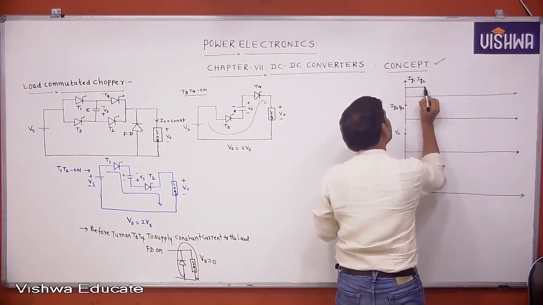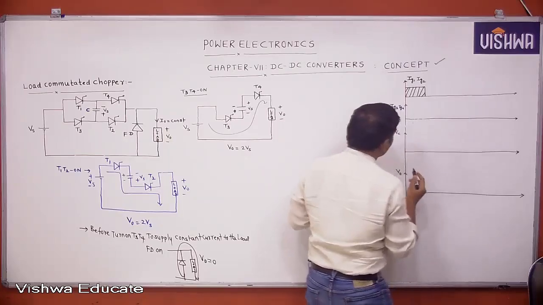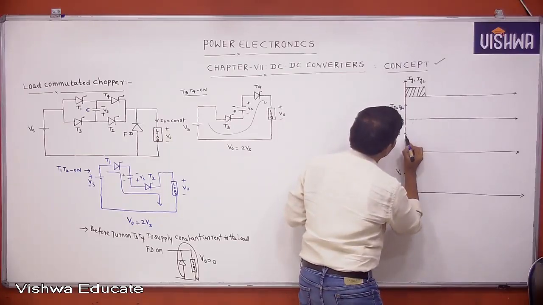Now here T1, T2 is triggered. If the triggering pulse is applied to T1, T2, the capacitor changes its polarity.